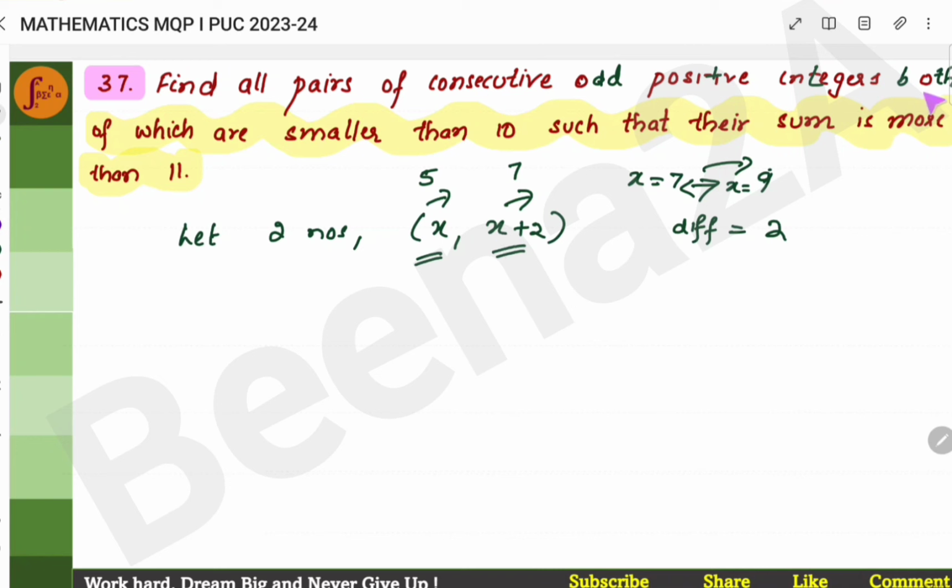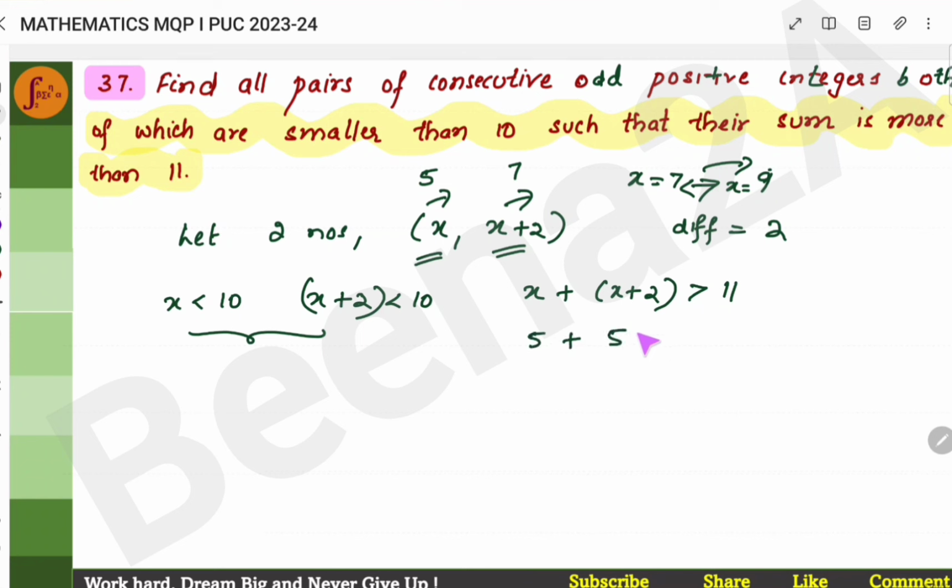Now, what is the condition? Both of which are smaller than 10. So x is less than 10 and x plus 2 also is less than 10. And their sum is more than 11. So when you add x with x plus 2, it should be more than 11. For example, say this is 5. This will be 5 plus 2, which is 5 plus 7.